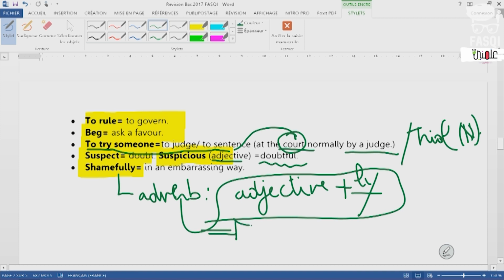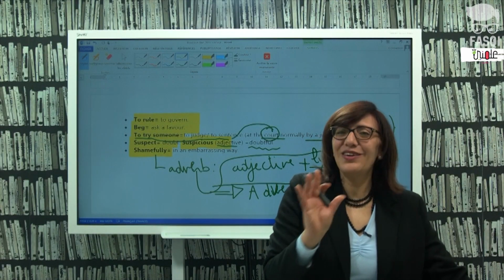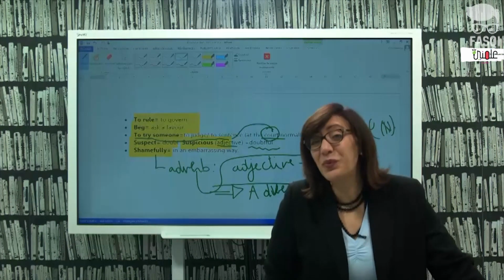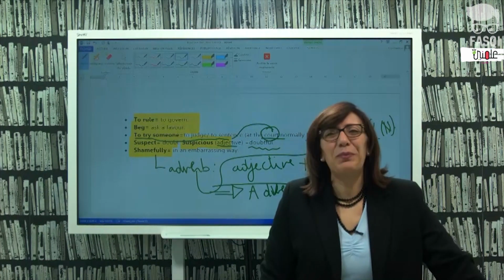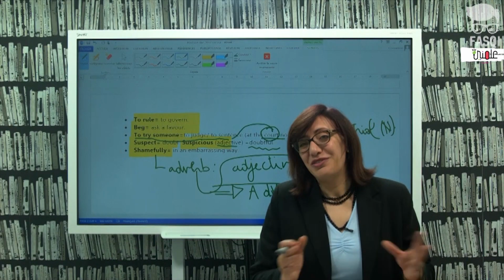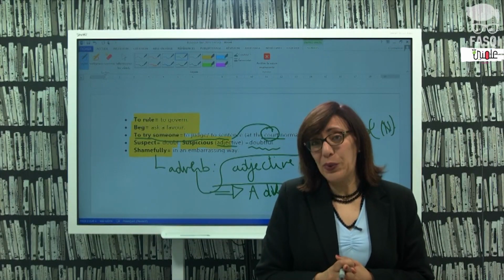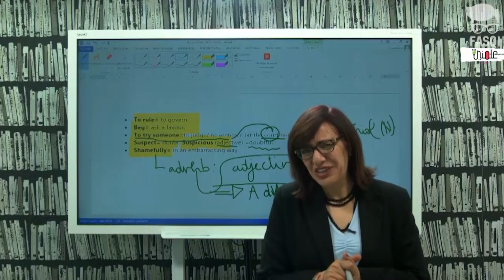So please, always pay attention, dear pupils, don't tell me there are always exceptions, because there are always irregular forms, I mean words, like some adverbs that are not going to respond to this, let's say, 95-99% rule. So when you have this ly, normally it's an adverb form.